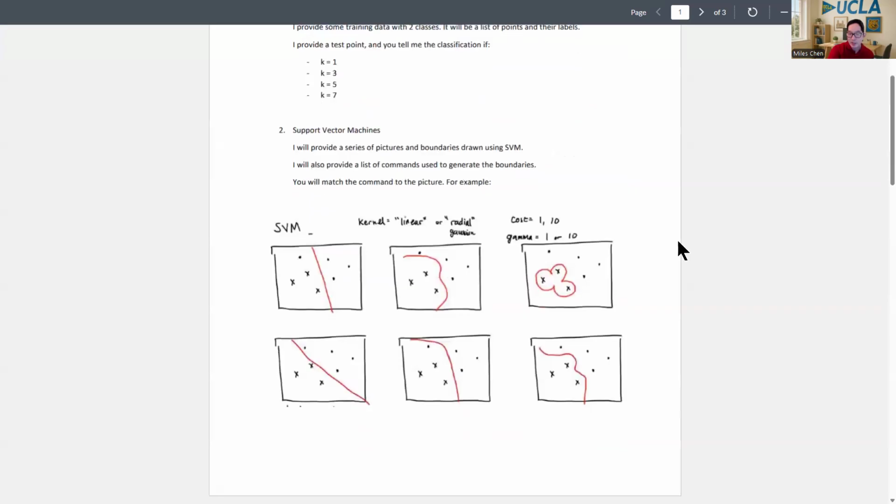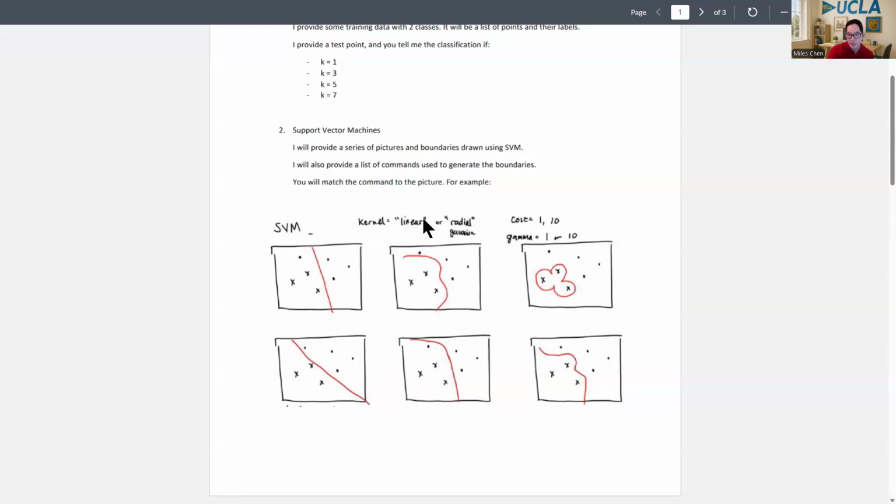I'll have a question covering support vector machines, and this one is more of a match. I will provide some pictures and they'll all have the same data, but different boundaries drawn.